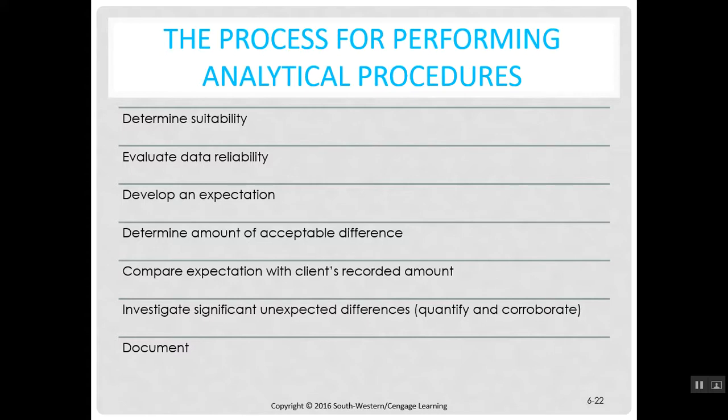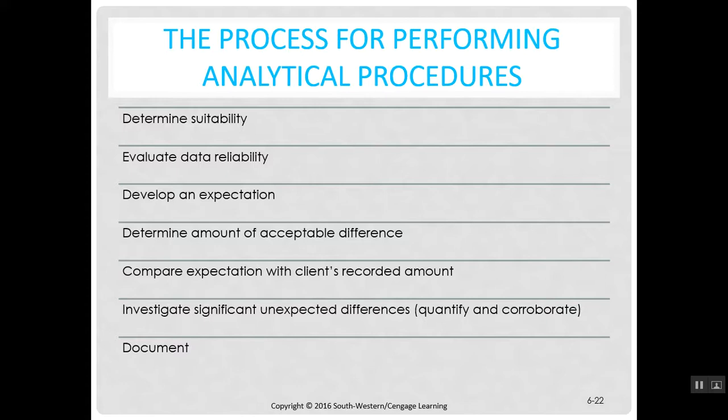So for example, if you know that the client's industry has experienced a downturn in the current year, then you would expect their revenues and their sales to be lower than the prior year. So your expectation may be revenues have decreased within 5% of the prior year.